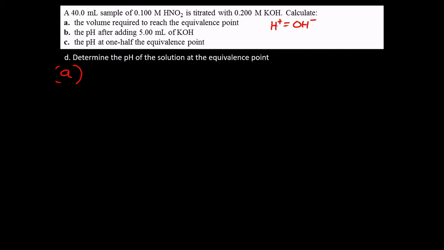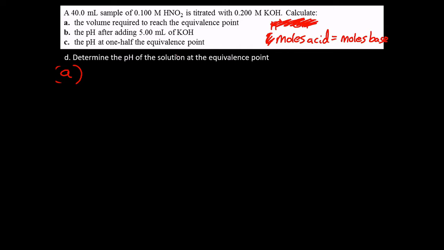Technically speaking, these won't actually end up being equal to each other, since we have a weak acid here, we'll end up making a weak base, which will throw that off. So it's better to say the number of moles of acid that we started with is equal to the number of moles of base that we added. So that is the equivalence point.